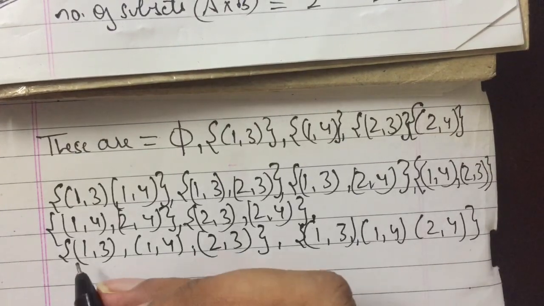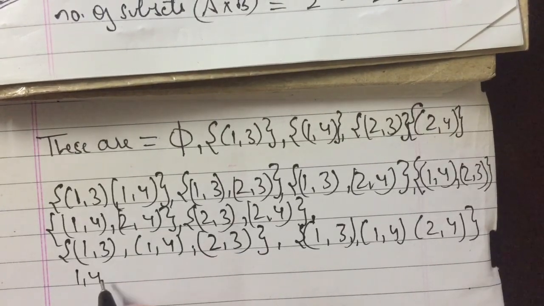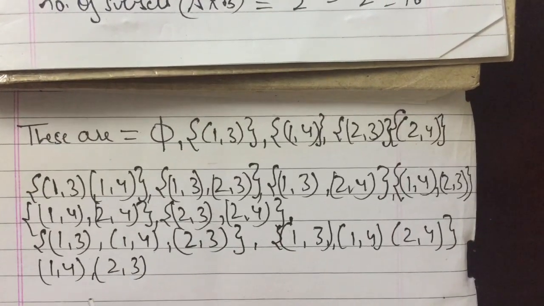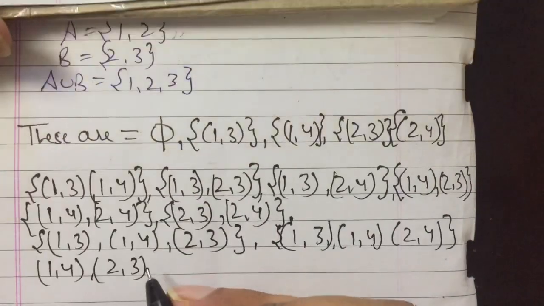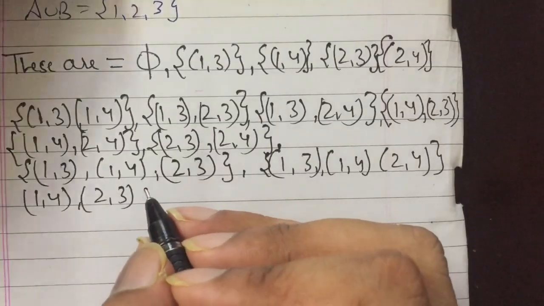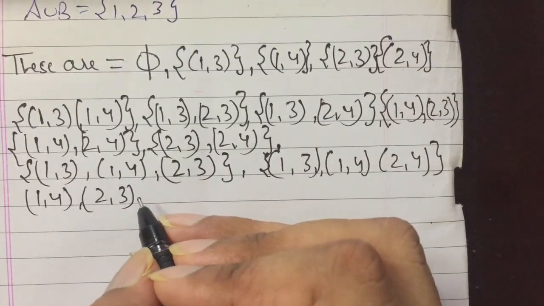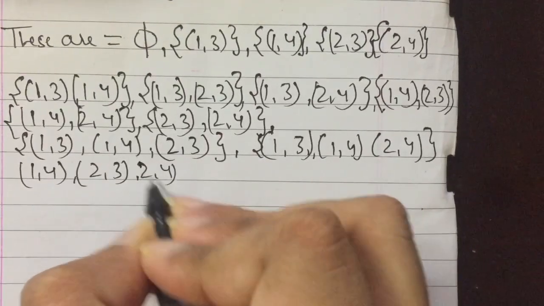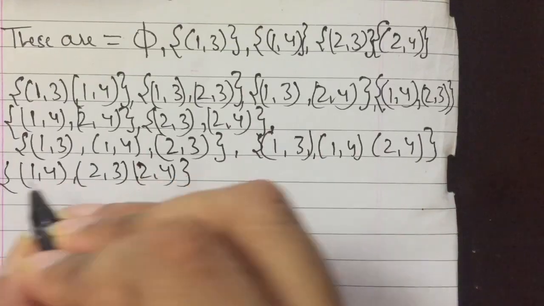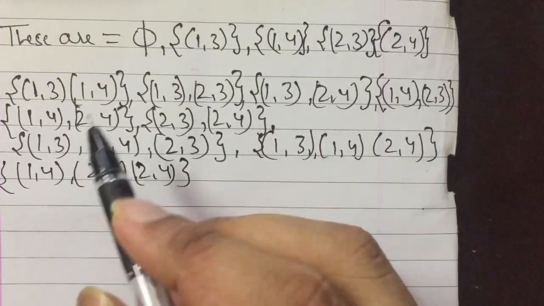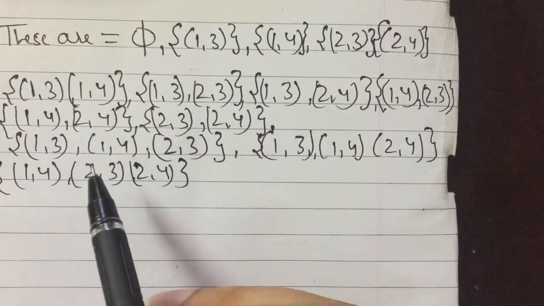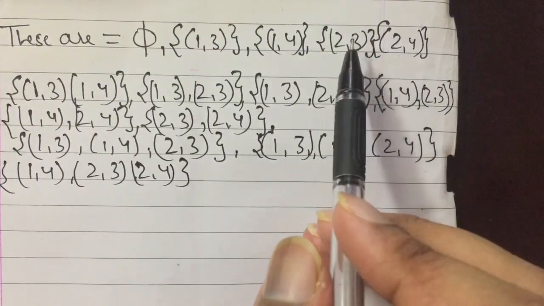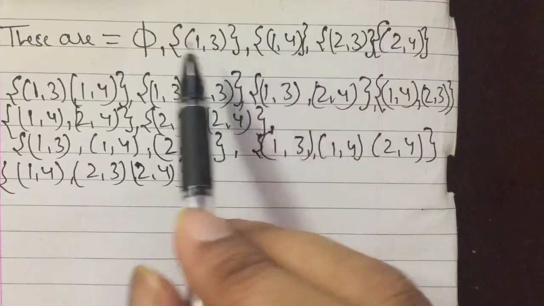Next (1,4), (2,3) and (2,4), right? Three elements taken together. So I guess these are enough. 1 2 3 4 5 6 7 8 9 10 11 12 13 14.